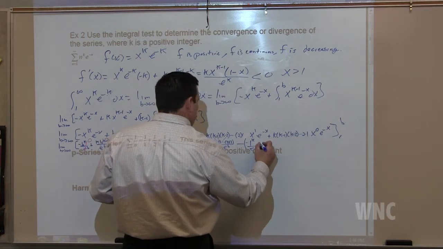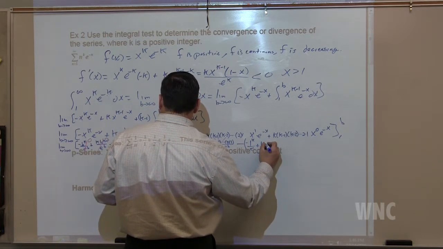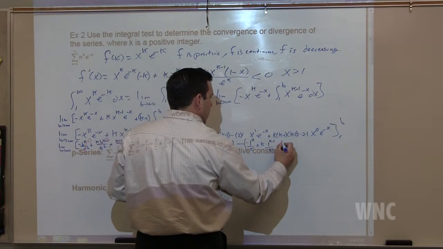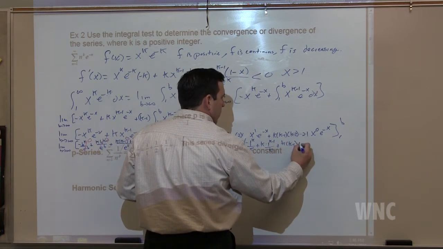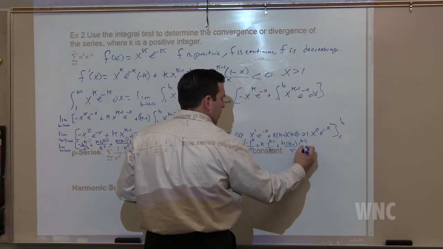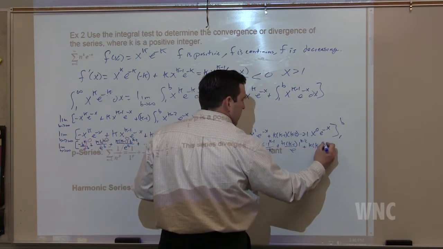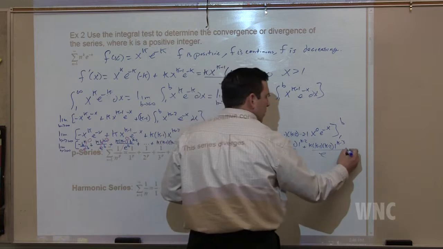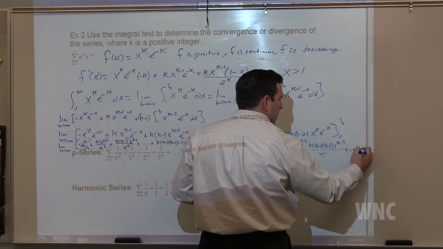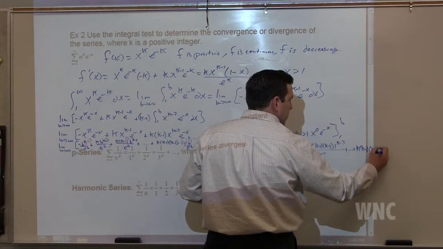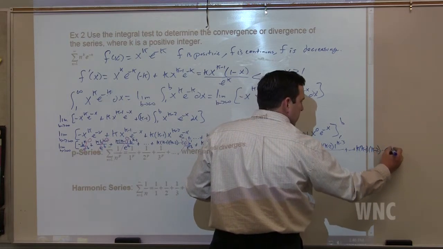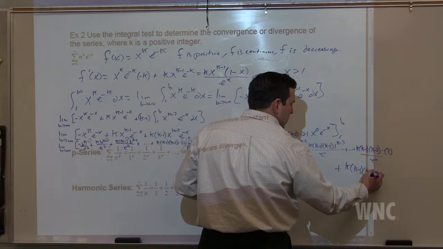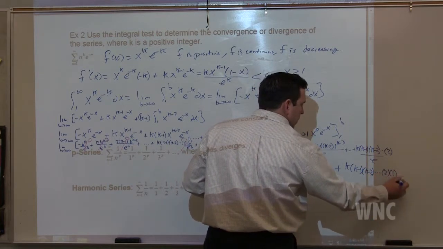Then we have k times 1 to the k minus 1 over e, plus k times k minus 1, 1 to the k minus 2 over e, plus k times k minus 1 times k minus 2, 1 to the k minus 3 over e, plus, and you're going to be down to k times k minus 1 times k minus 2 times 2 over e, plus k times k minus 1, k minus 2, 2 times 1 over e.